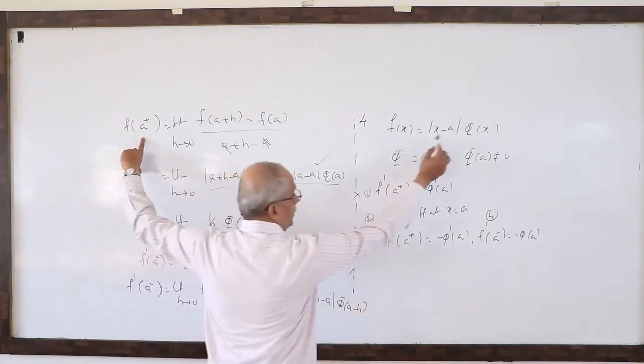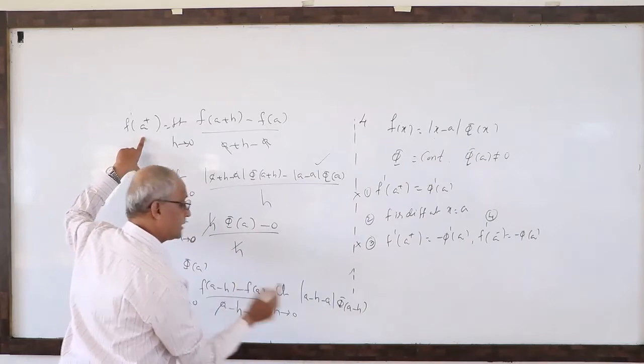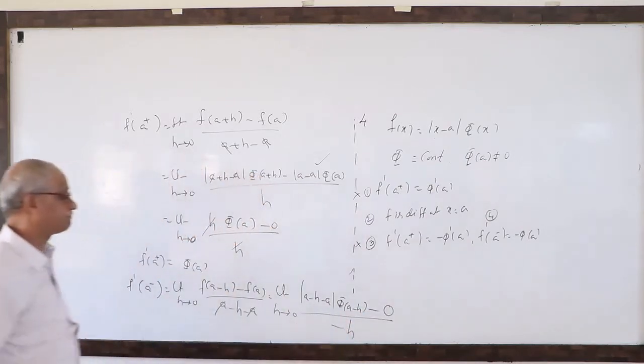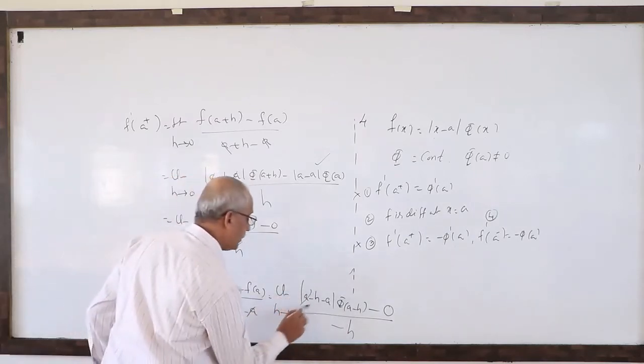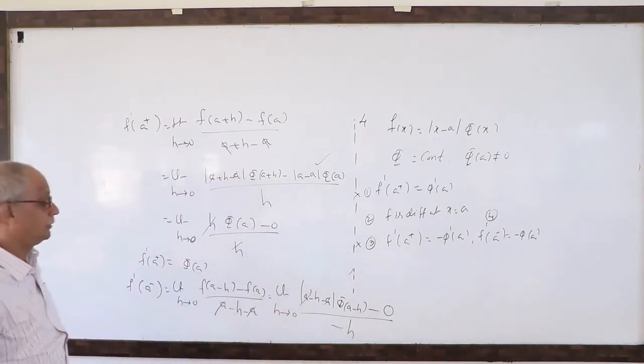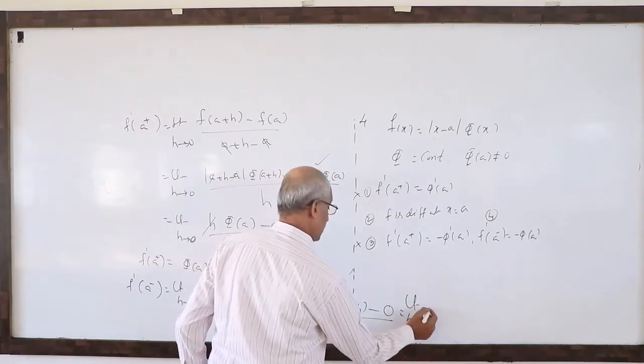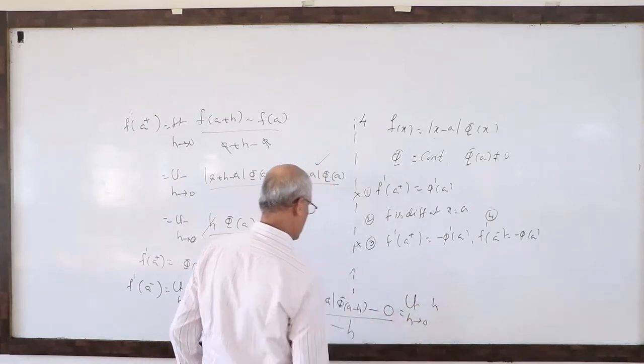Everywhere we have to substitute the x value. Minus f of a, anyway 0, by minus h. Here cancel. Then h tends to 0. Modulus of minus h is h.